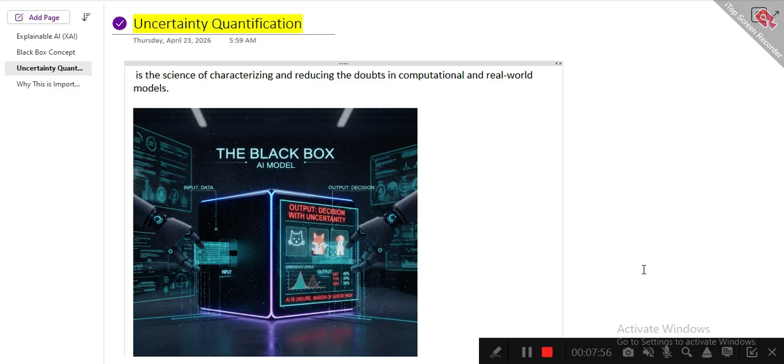This is powerful. The doctor understands where the problem is and how sure the AI is. In a bad example, AI says tumor detected, but with no explanation and no confidence. This is dangerous.